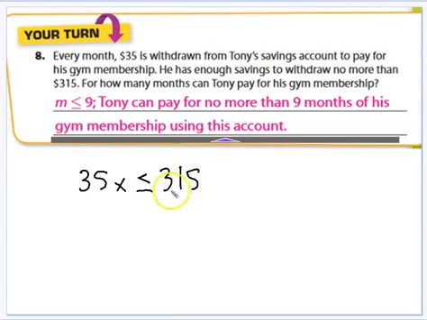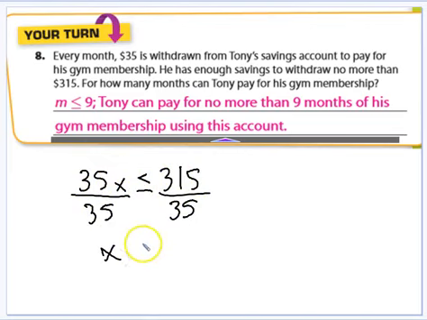So he can withdraw all 315, but he can't go over that. So it has to be less than or equal to. So at this point, I'm going to divide both sides by 35. And then x is going to be less than or equal to 9. So Tony can pay for no more than 9 months. He can pay for 9 months, but he can't go over that. So it's either 9 months or less.